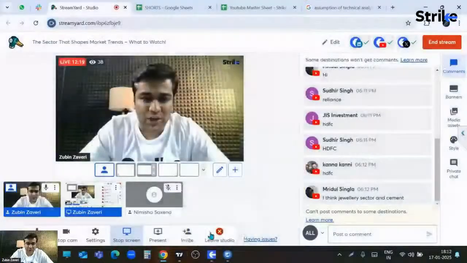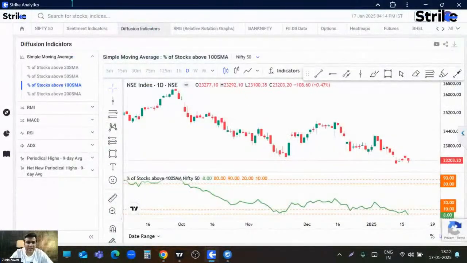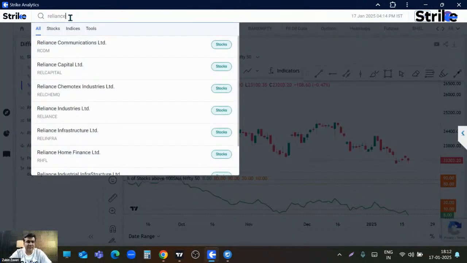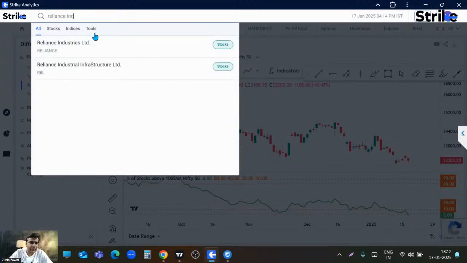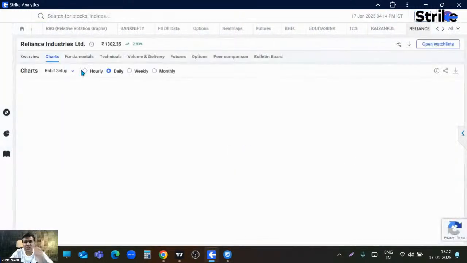All right, let's get back to the chart once again, and let's see Reliance. Reliance Industries charts.